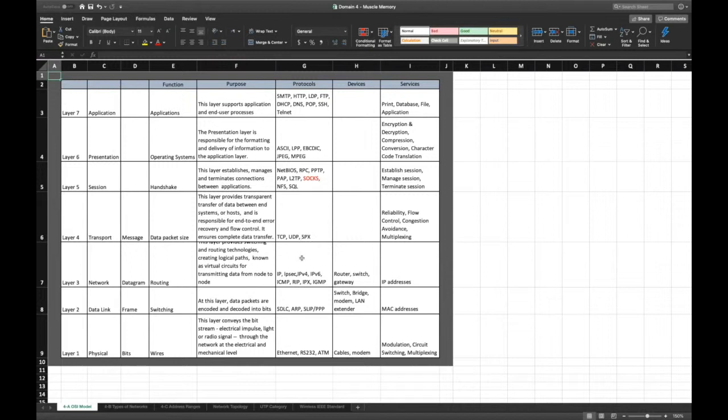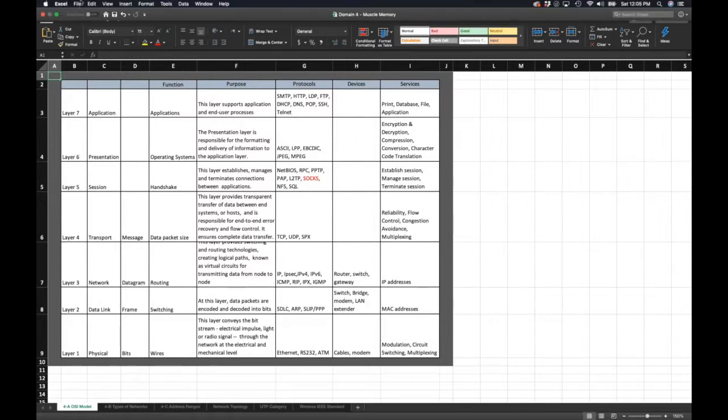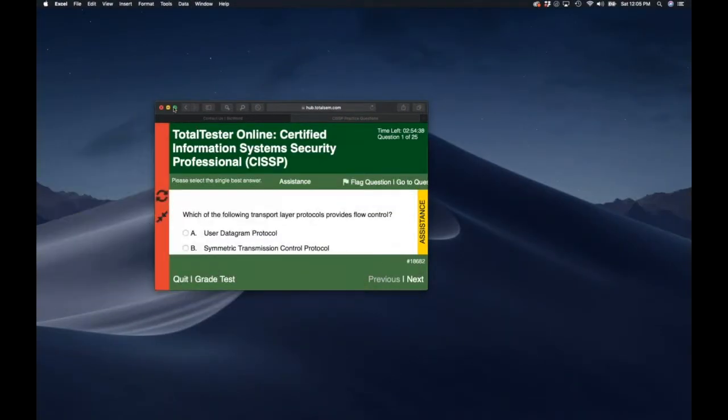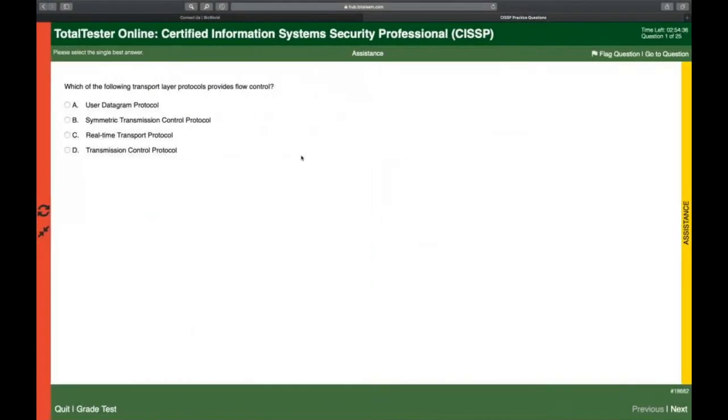I think UDP really should be at layer 3. But yeah, so these muscle memory charts, all the stuff that you have to memorize is listed in these muscle memory charts. It's in our course material. So I like to refer to these from time to time. And that one for me confirms TCP.